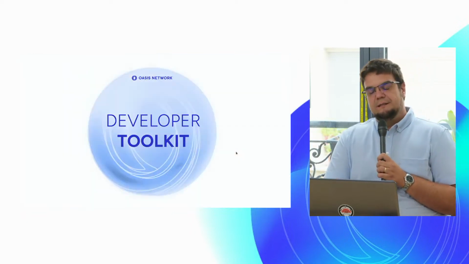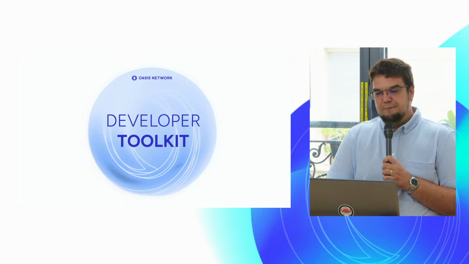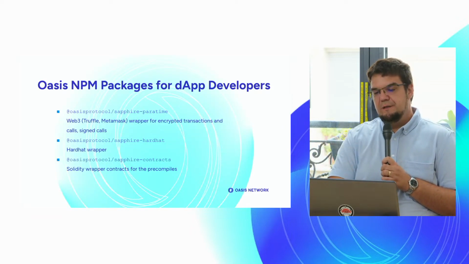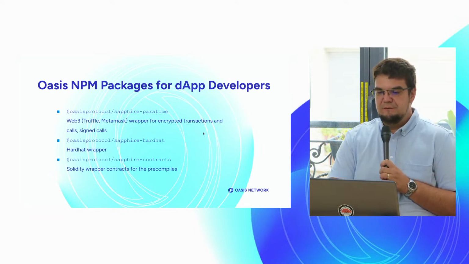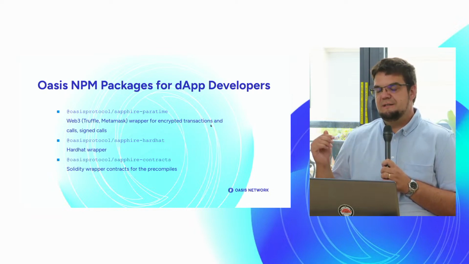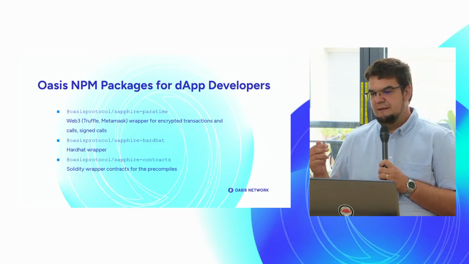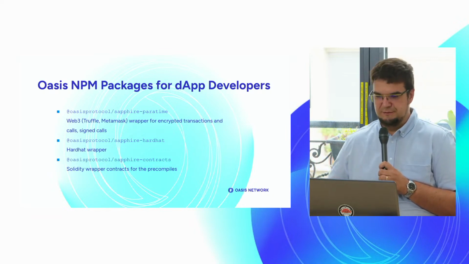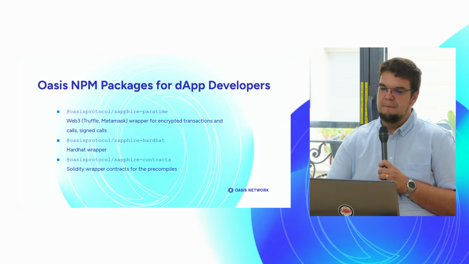Now let's look at our toolkit. You will mostly use 3 npm packages. The first one is the Sapphire Paratime. This is mostly focused at the front-end apps, so MetaMask, Truffle, and it injects the necessary code, for example, into MetaMask, to encrypt the transaction, fetch the ephemeral key from the paratime, and do all the confidentiality and encryption and so on.